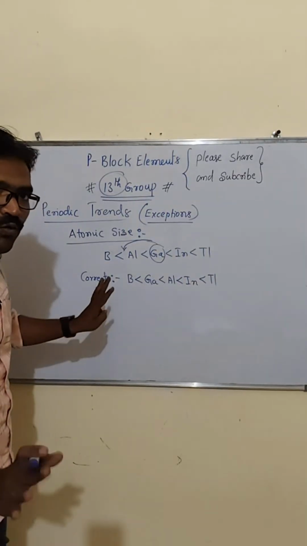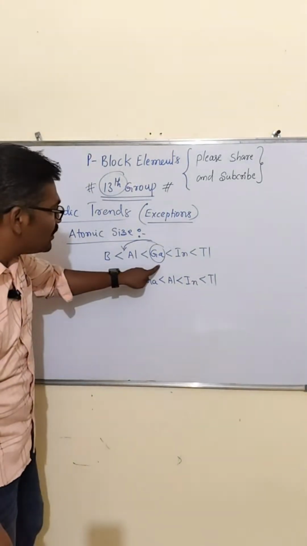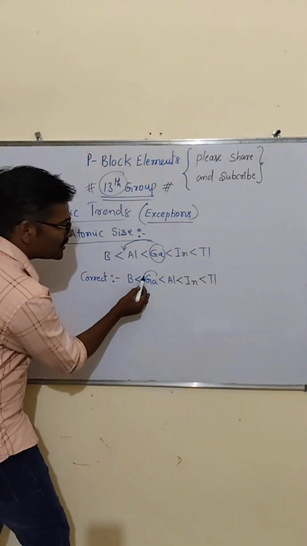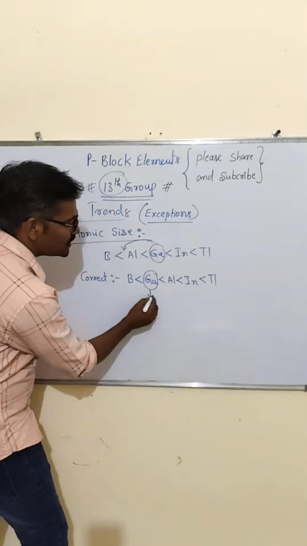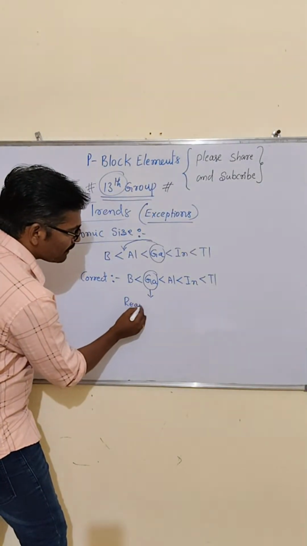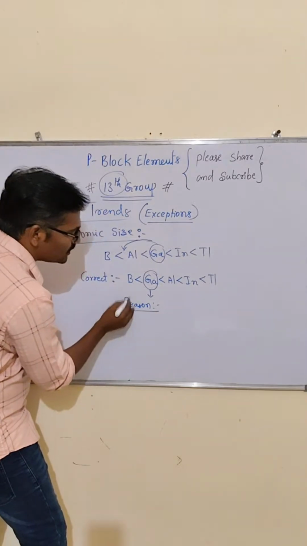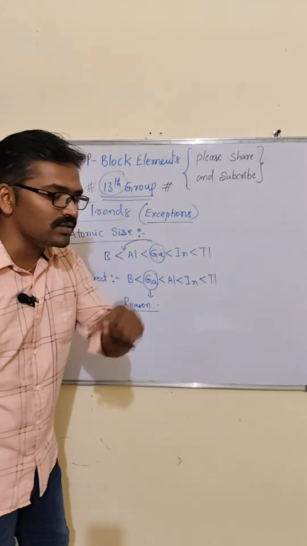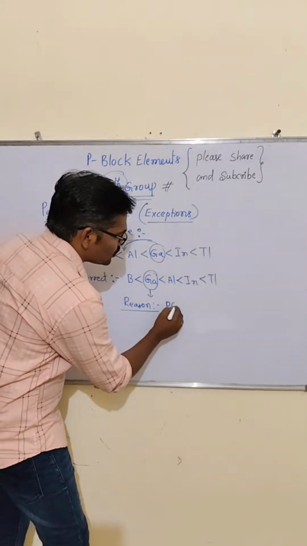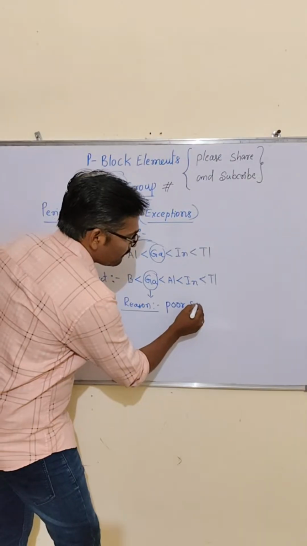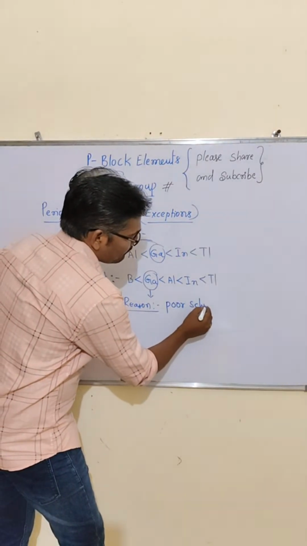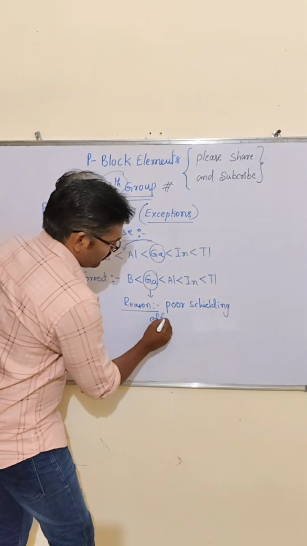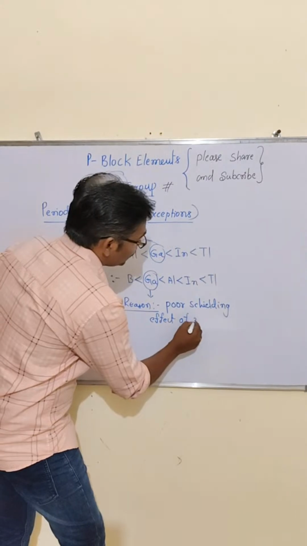Do all of you understand? So why? What is the reason gallium is smaller than aluminum? The reason is, remember my dear students, the poor shielding effect of 3d electrons.